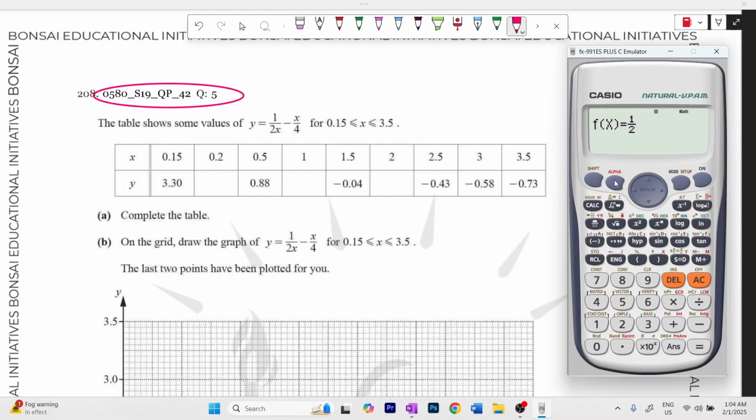X comes out with alpha and this bracket, okay, and minus again fraction, this is x alpha and this thing upon 4. So we have to find here what is the function. Then we need to put the values equals to, and start at 1 and it ends at 2.